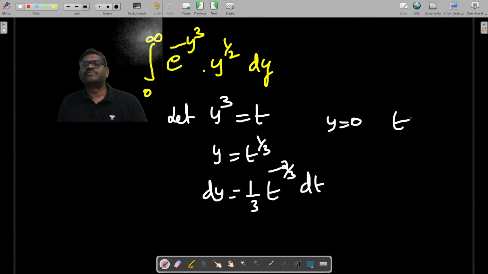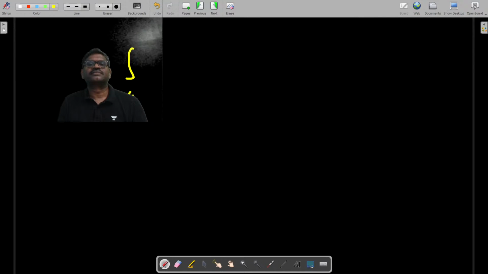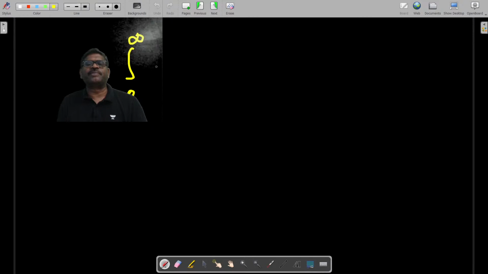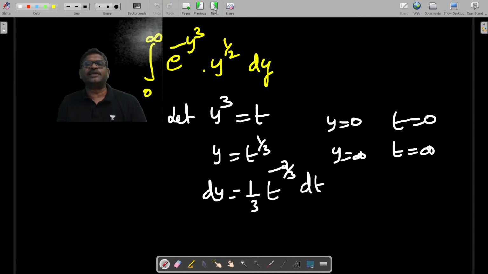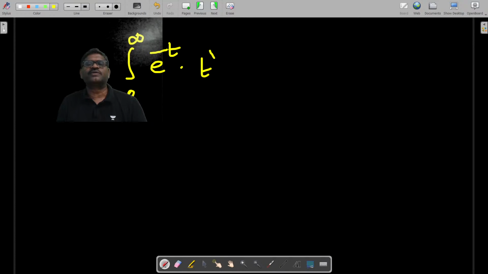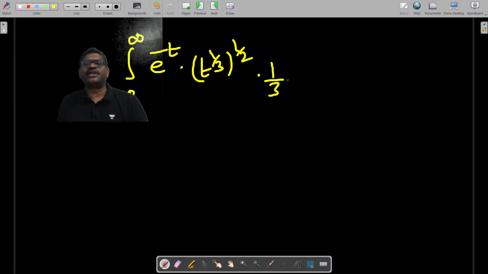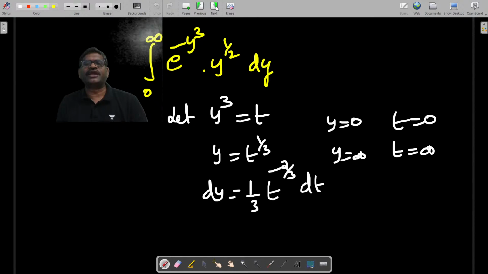When y is 0, then t is 0. When y is infinity, t is infinity. Integral 0 to infinity e power minus t, y power 1 by 2 is t power 1 by 3 whole power 1 by 2, dy equal to 1 by 3 into t power minus 2 by 3 dt.